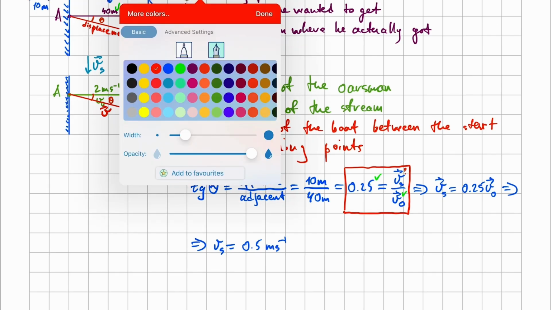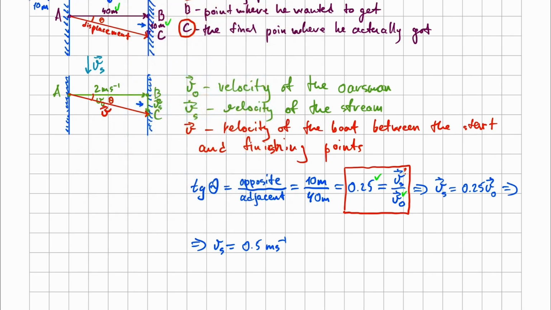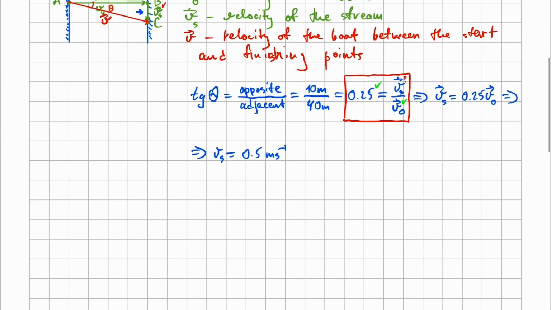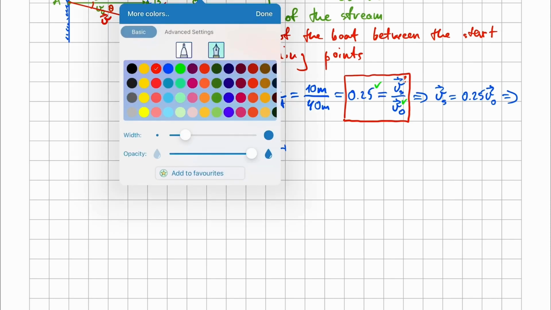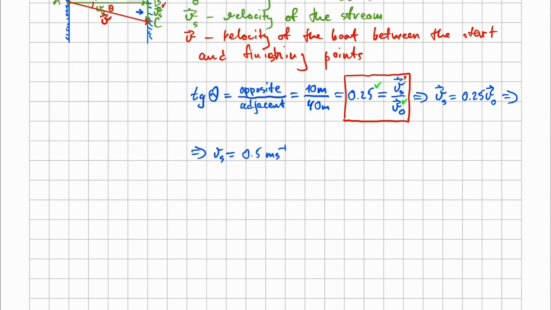Let's take a look at the picture again, the diagram. So now we know the velocity of the stream, and we also know the velocity of the oarsman. We can find the last component. For that we need the Pythagorean theorem, and that's very easy. Okay, so this was the first step. This will be the second.